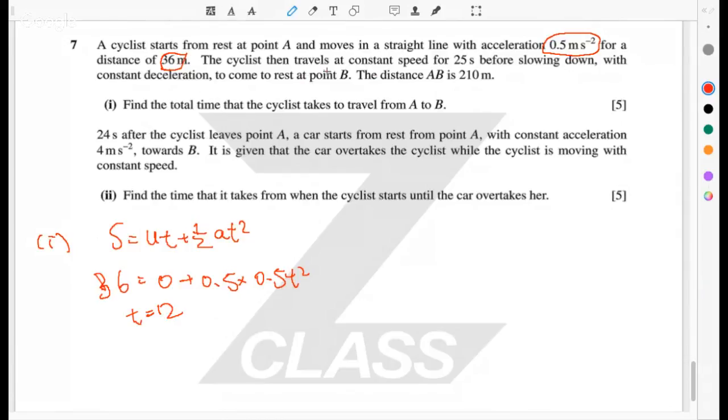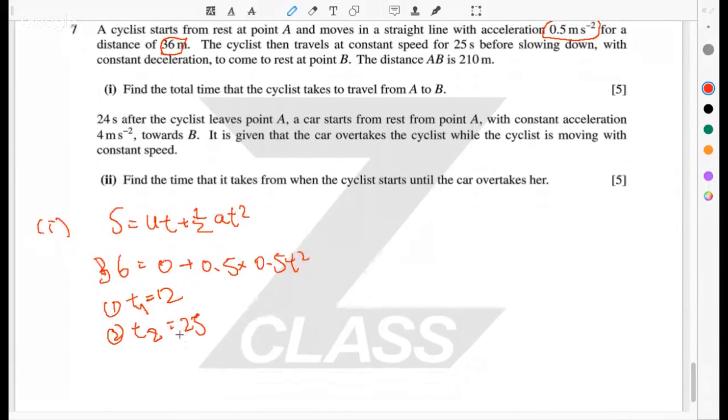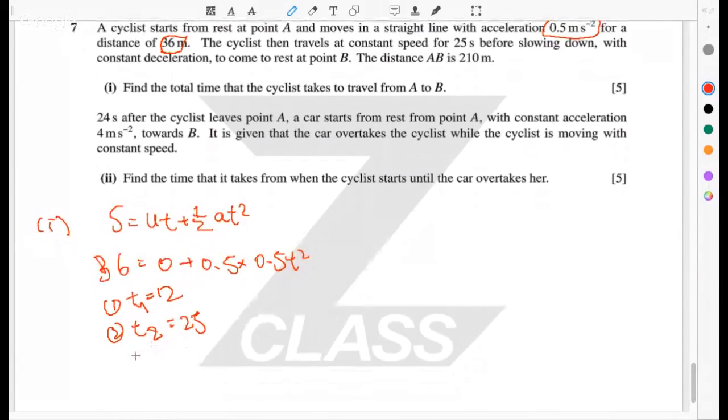Then the cyclist travels at constant speed for 25 seconds, so t2 minus t1 equals 25 seconds. And the last bit, we want to know how much of the 210 meters we are left with.